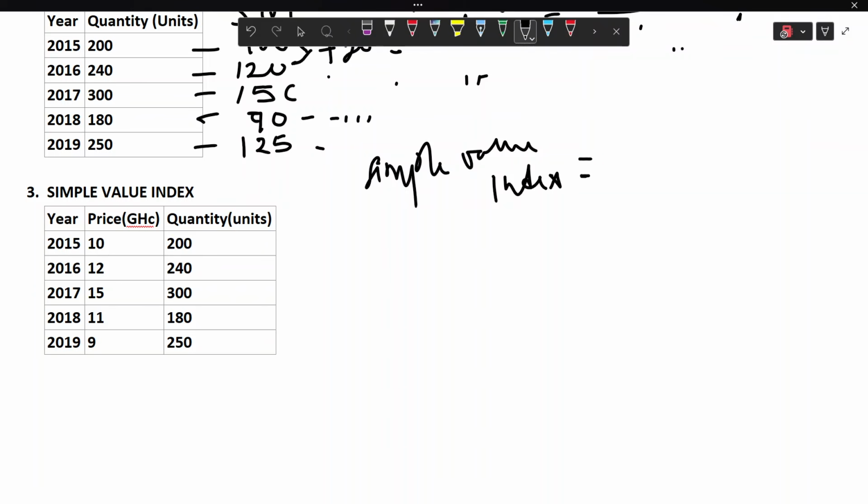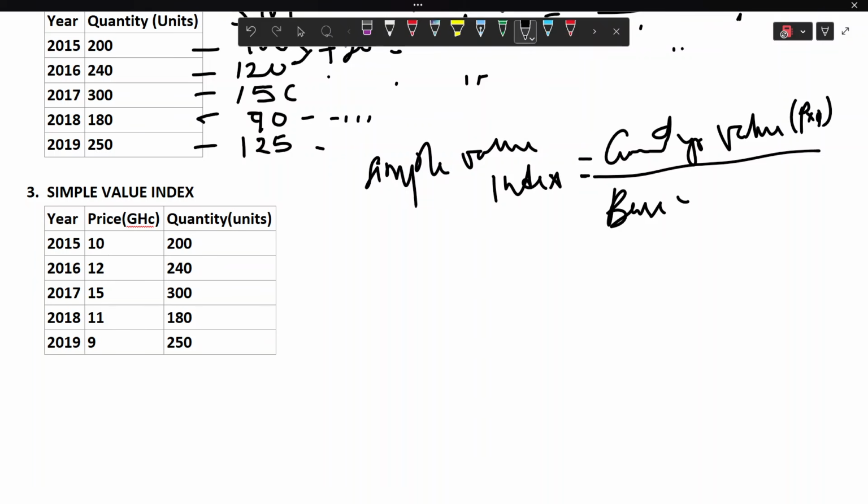So the simple value index is given by the current year or current period value, which is price times quantity, divided by the base year value, which is also price times quantity, times 100. Now let's find the value.